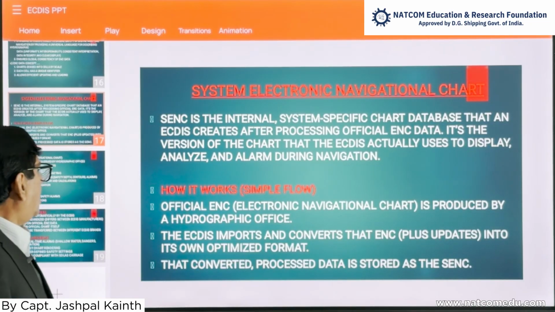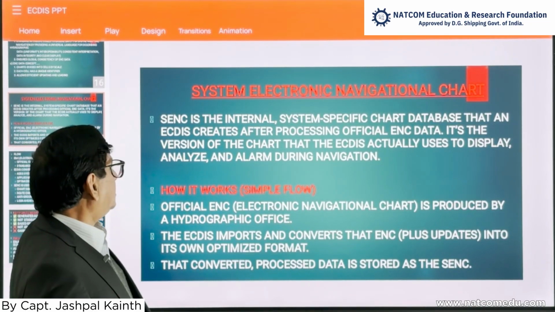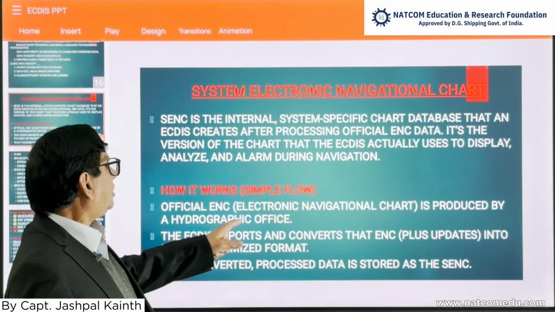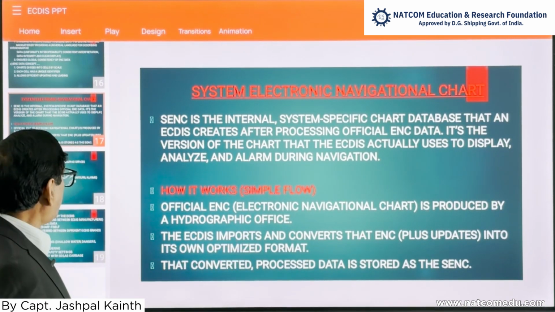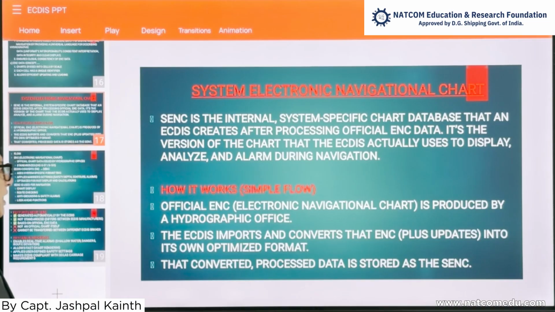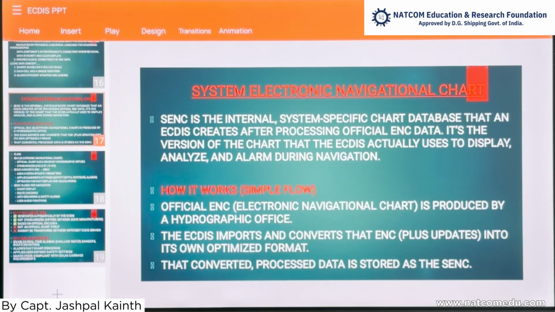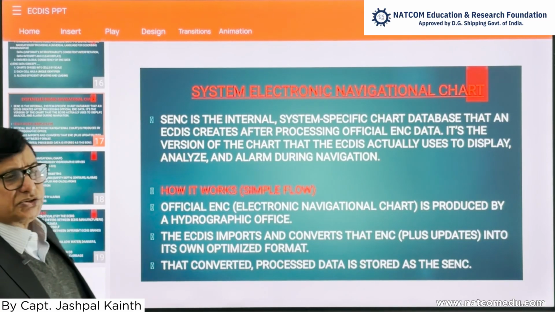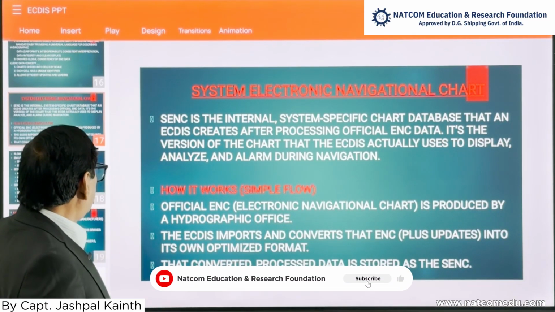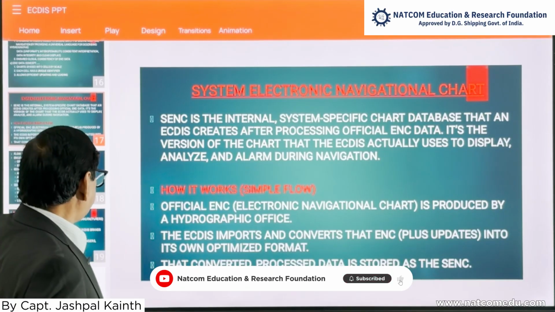How does it work? The official ENC, that means the electronic navigation chart, is produced by a hydrographic office, which we all know. The ECDIS imports and converts that ENC plus updates into its own optimized format. So if you have an ENC in the ECDIS, you can upload any ENCs, which will be consistent with all the manufacturers.